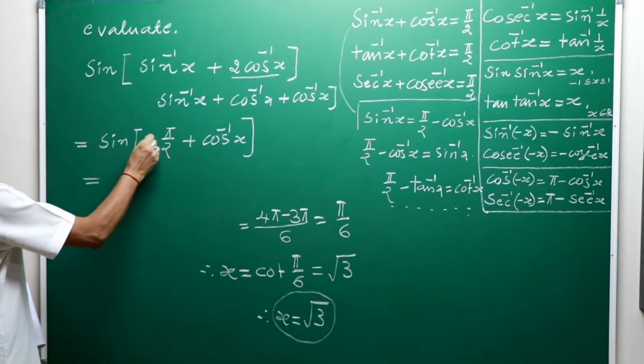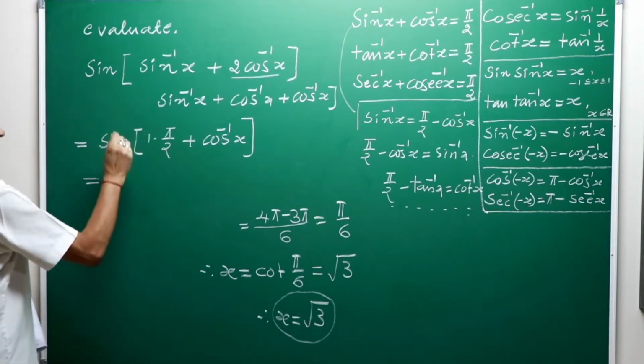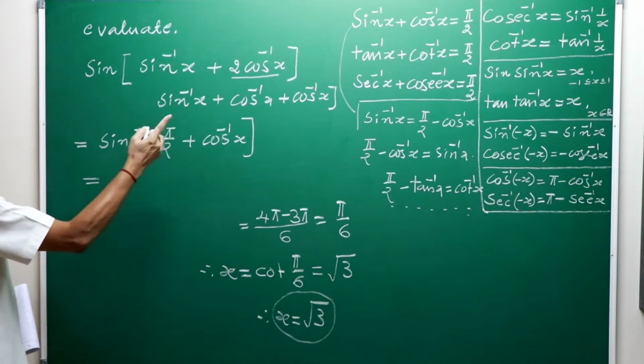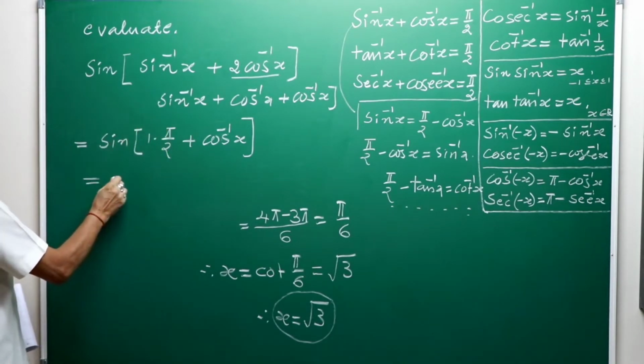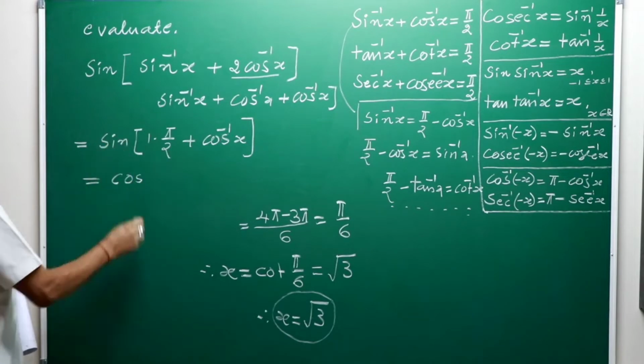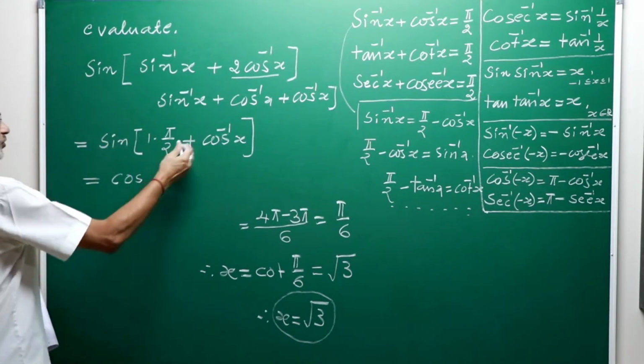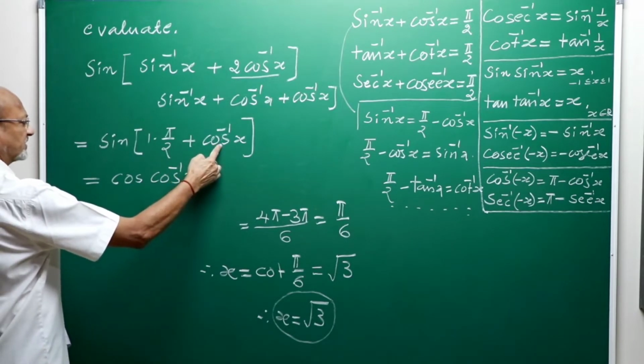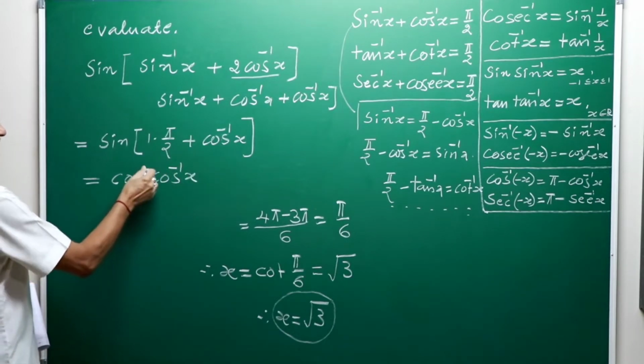Pi by 2 means 1 into pi by 2, which is an odd number. If it is an odd number in the allied angle, sine changes to its co-trigonometric ratio, cos. Cos of what? Theta. What is your theta? Cos inverse x.